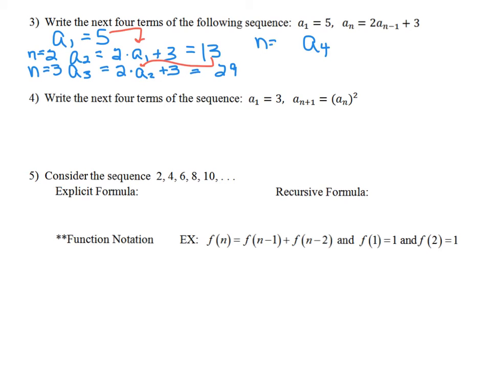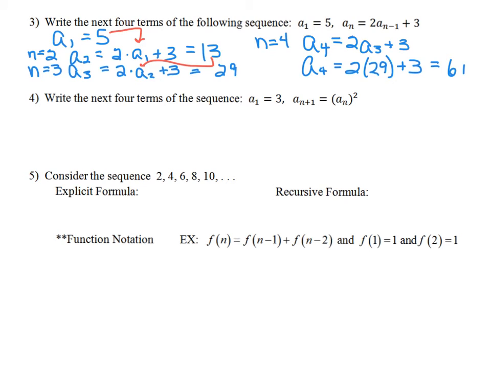That means that n is equal to 4. So A4 will be equal to 2 times A3 plus 3. So A4 is going to be 2 multiplied by that term that we just found, 29, plus 3. 2 times 29 is 58. 58 plus 3 is 61.